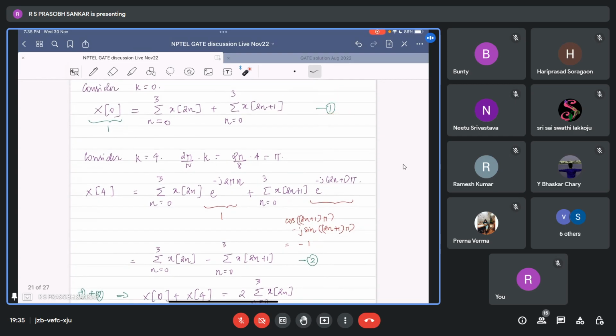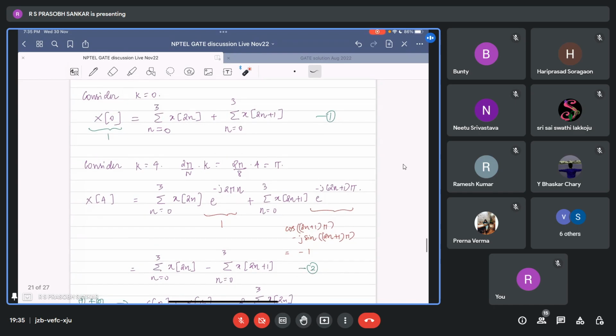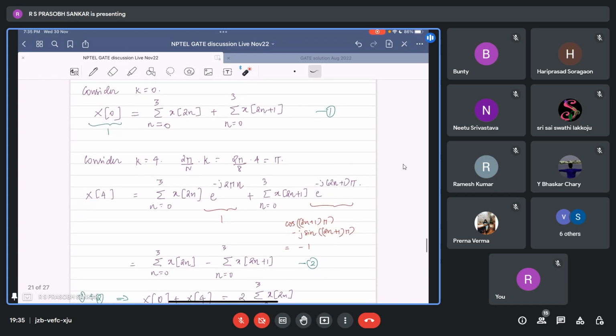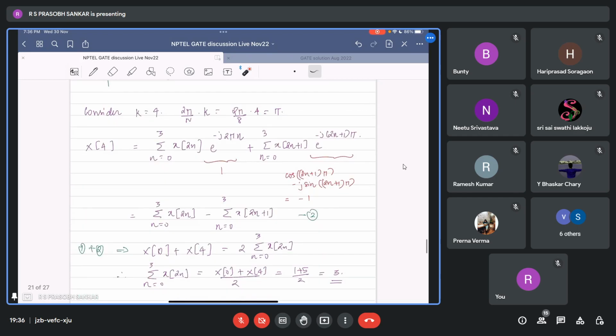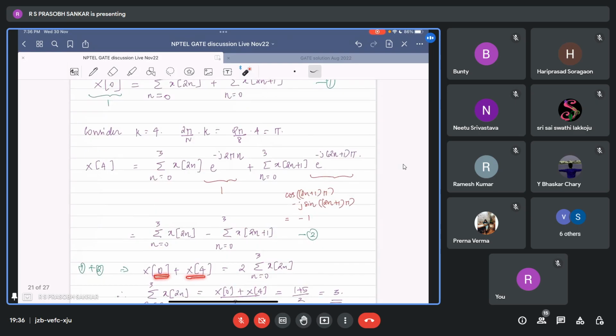Now we see these equations, equation 1 and equation 2. What do we have in common? We have this term the same, and this term having opposite signs. So we can just add them, equation 1 plus 2. We have x of 0 plus x of 4 from this, which is the same as 2 times this term.